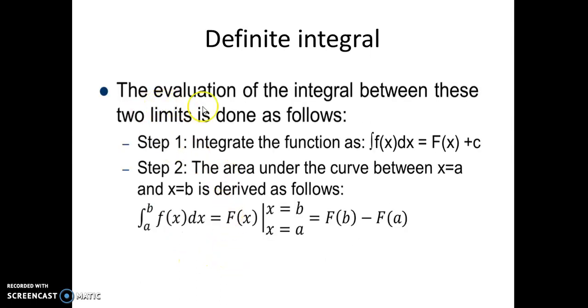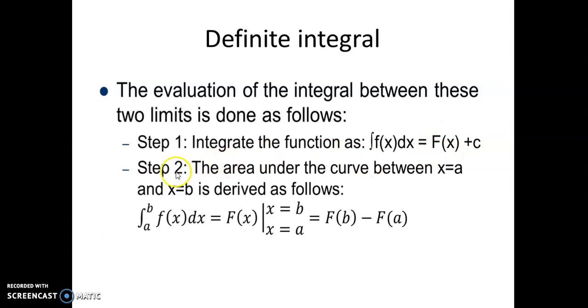As I said, for the evaluation of the integral between these two limits, your upper limit and your lower limit, your first step is going to be to integrate the function. Remember, when you got your indefinite integral of f of x with respect to x, you got F of x plus c, representing that constant of integration. This was your indefinite integral of this function, or your antiderivative.